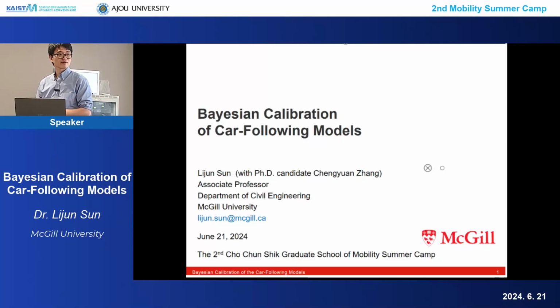Well, I think my question is more or less similar, but as far as I know, there are some variations of IDM models, like the improved IDM model and some others. Do you think this methodology can be applied to variations of IDM with the same concept and procedure? I think so.